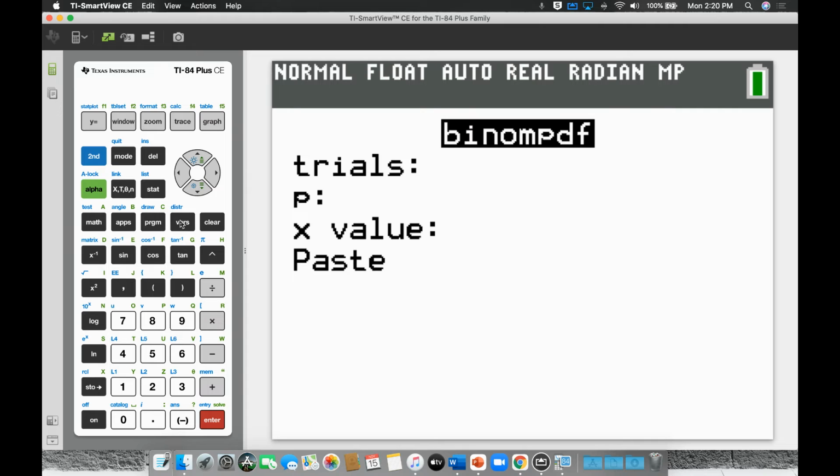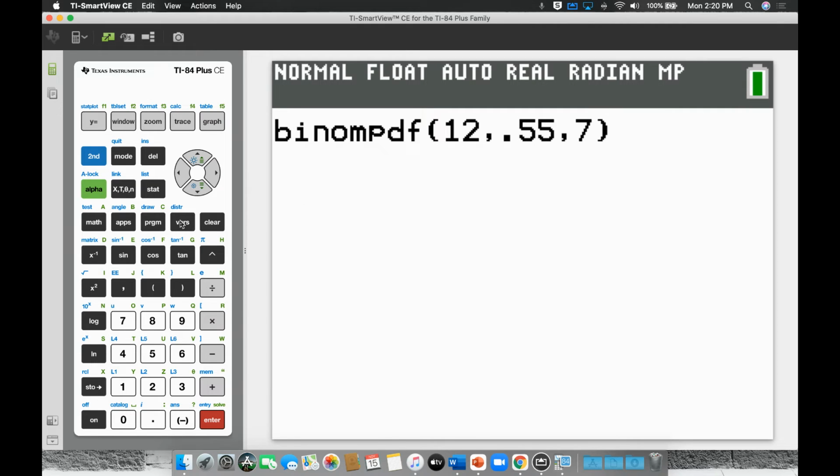If you do have this, trials: 12 trials. P, probability of success, 55. X value, 7. That's K. They call it X, but it's really K.